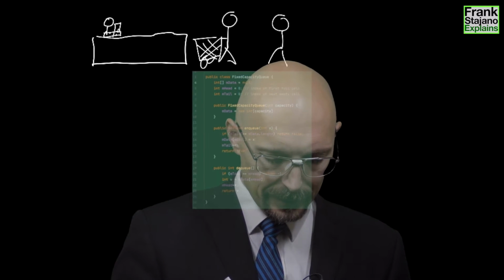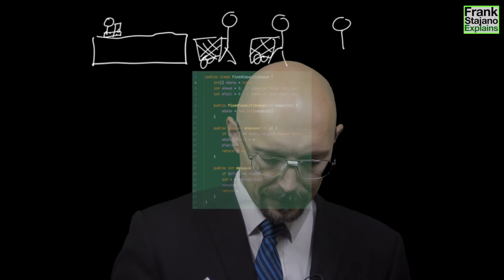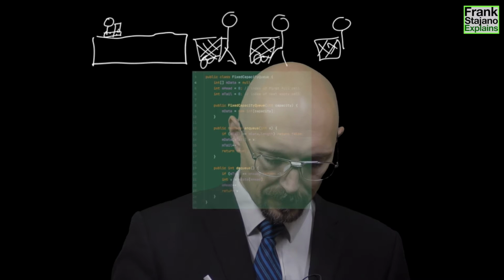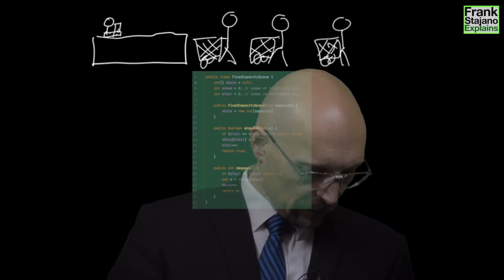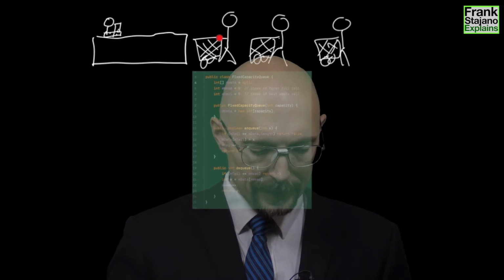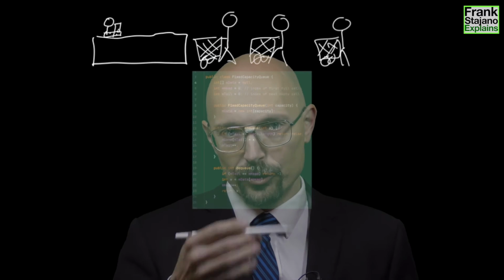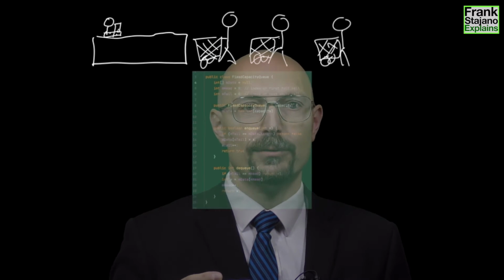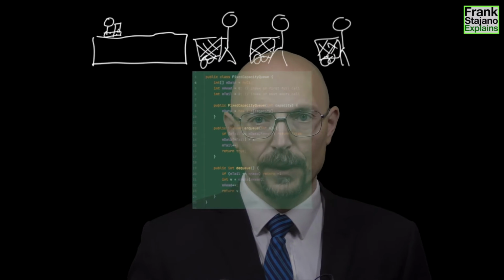There's another one here and another one here, and so this customer here is at the front of the queue, is the first one who's going to be served, who's going to have their groceries added up, and that's the last one in the queue.